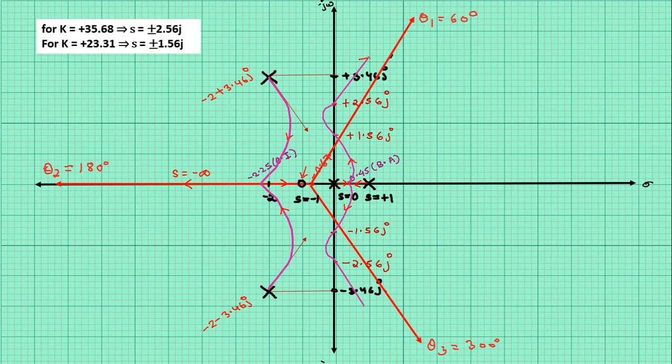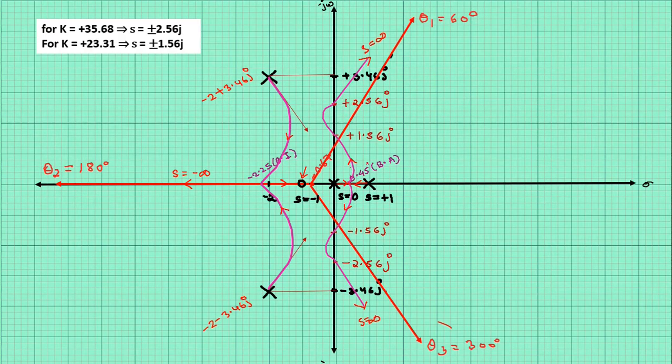That means this branch of the root locus will approach infinity. Again, one more branch of the root locus will cut the imaginary axis at minus 1.56j, and again it will cut the imaginary axis at minus 2.56j, and this branch will move along this asymptote which is of angle 300 degrees. It will again approach s equal to infinity.